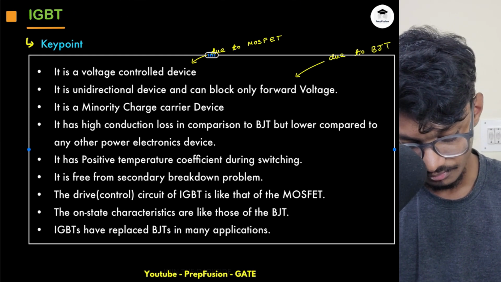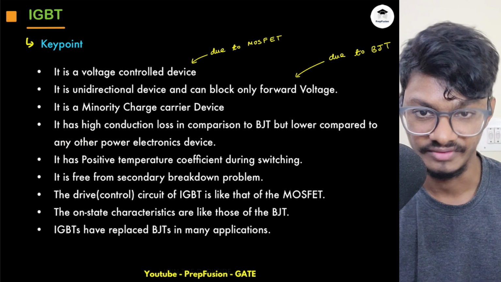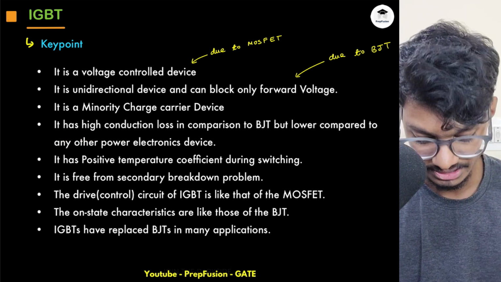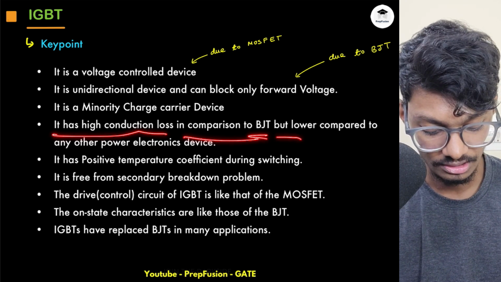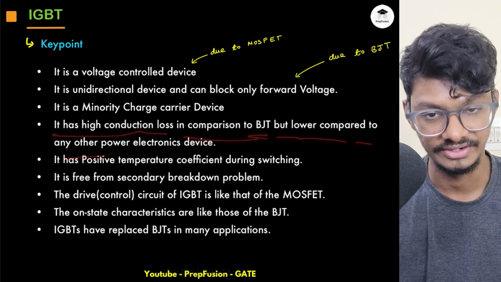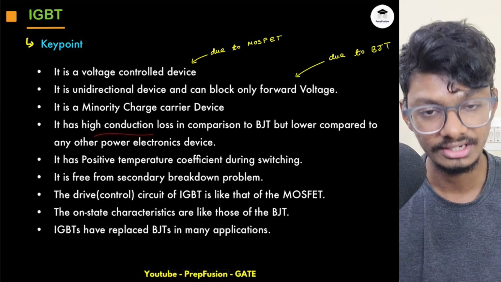Next, it is a minority charge carrier device because there is a PN junction. Obviously, it will be a minority charge carrier device. It has high conduction loss in comparison to BJT, but lower compared to other devices. Why high conduction loss compared to BJT?